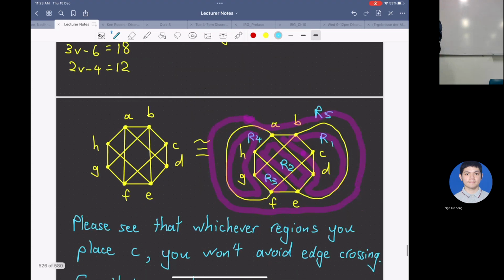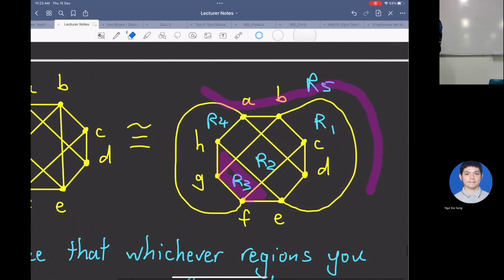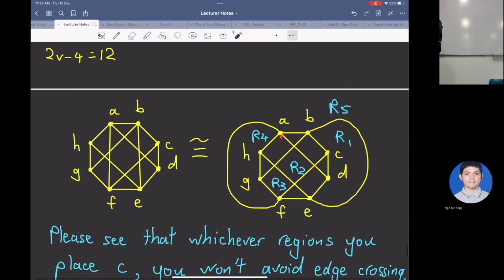If you try to redraw, I think you will get something like this. You'll see that you can't move this line anywhere, or move this vertex. So this suggests either K33 or K5 is hiding inside here.